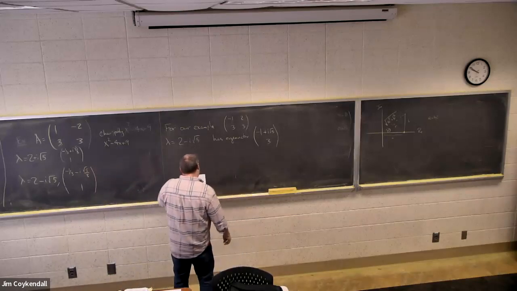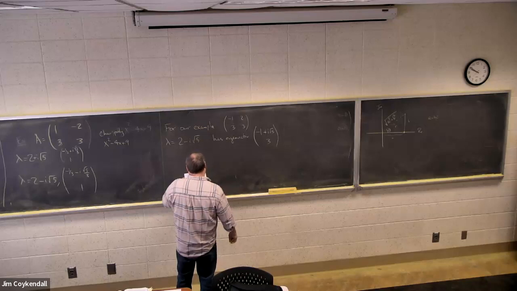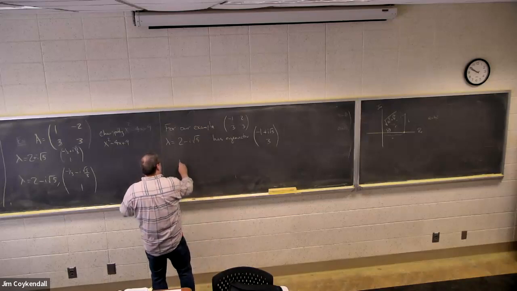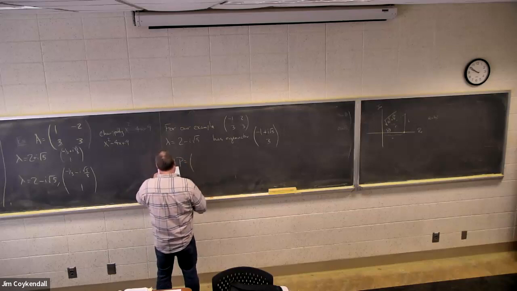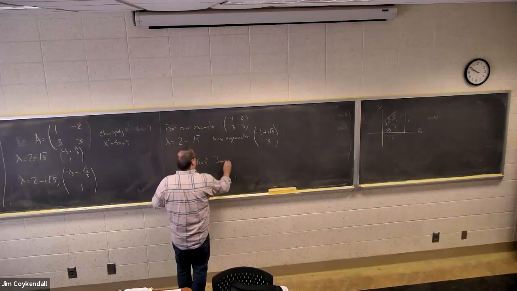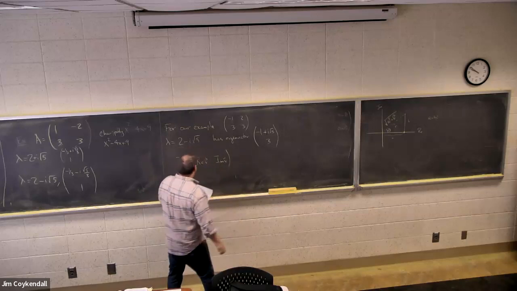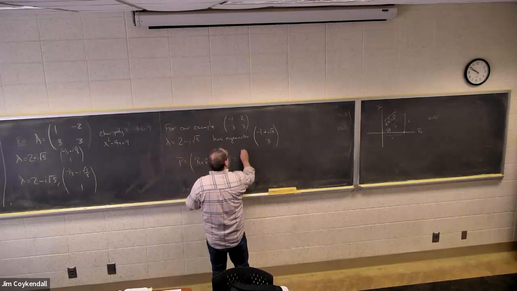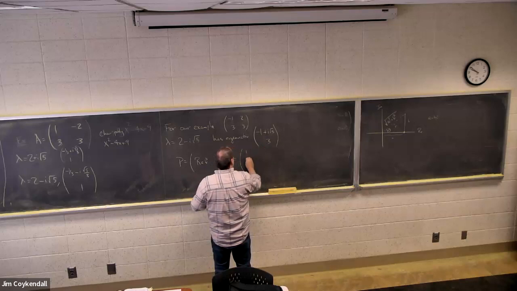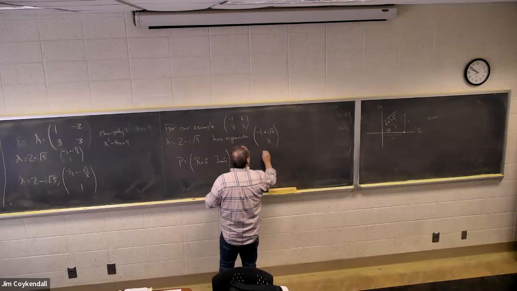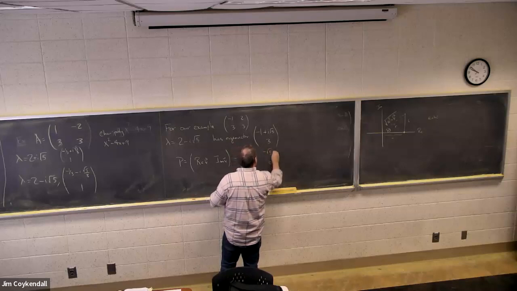So let's let P equal the real part of V and the imaginary part of V, in this case. The real part of V is minus 1, 3, and the imaginary part is 0, minus radical 5.